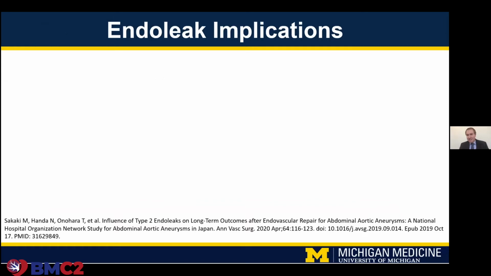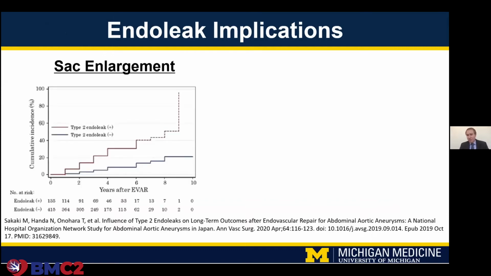So why does the Society for Vascular Surgery so strongly recommend annual surveillance and follow-up to investigate endoleaks? To put it quite simply, these endoleaks can have profound implications on patients' postoperative care and their long-term survivability. Shown here is a recent study that followed 550 patients after endovascular aortic aneurysm repair, and it documented the progression of these patients' aneurysms, separated into patients who had a type 2 endoleak, shown here in the red dotted line, in comparison to those who did not have a type 2 endoleak, shown here in the blue dotted line.